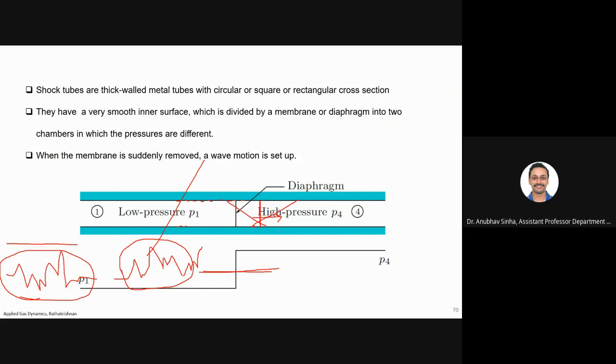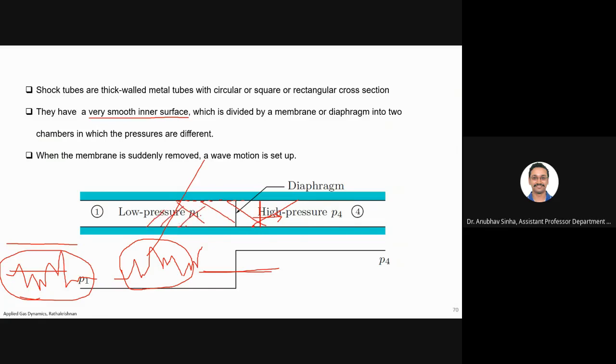Is this clear or not clear? Yes. Okay, so that's why we say that we need a very smooth inner surface. Basically, you need to use a good manufacturing process. You cannot remove molecular-level microscopic irregularities, but you can make it a little bit smoother so that you don't see a lot of shock waves generated from every side, every corner of your wall.